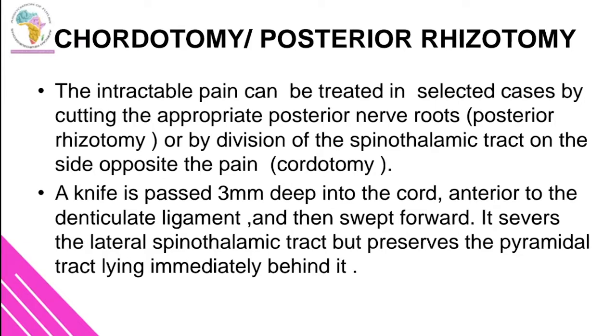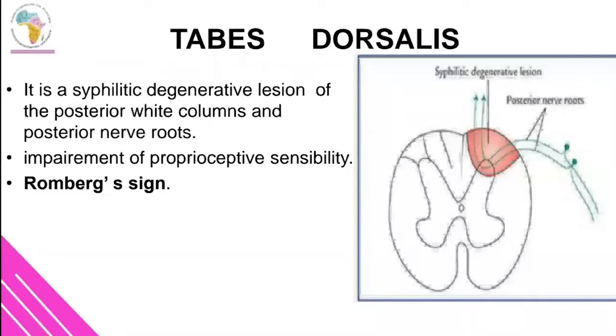We'll also talk about tabes dorsalis, which is a syphilitic degenerative lesion of the posterior columns and the posterior nerves.